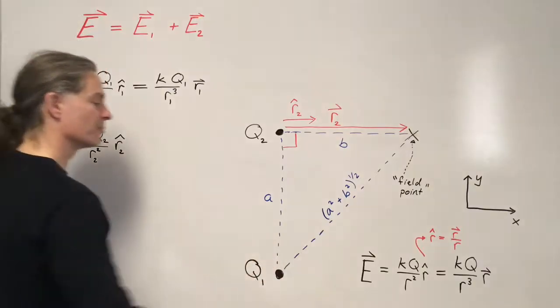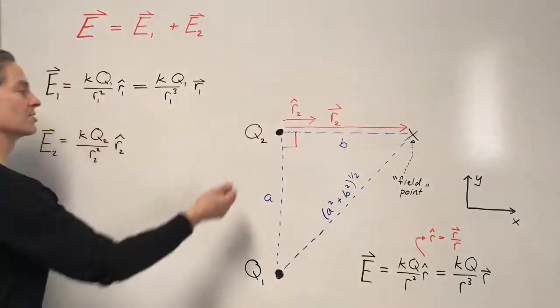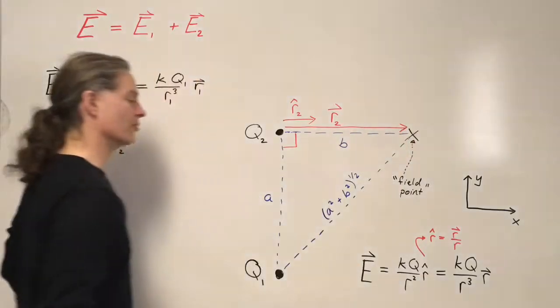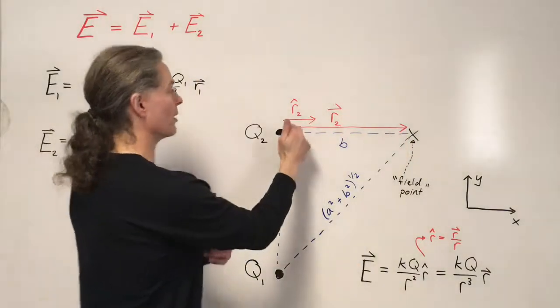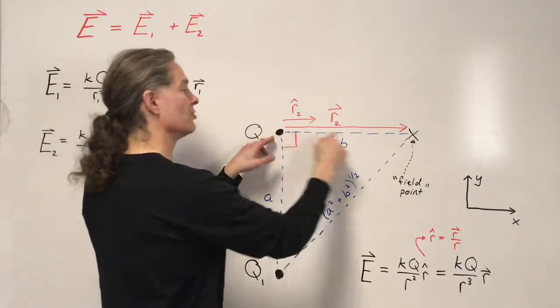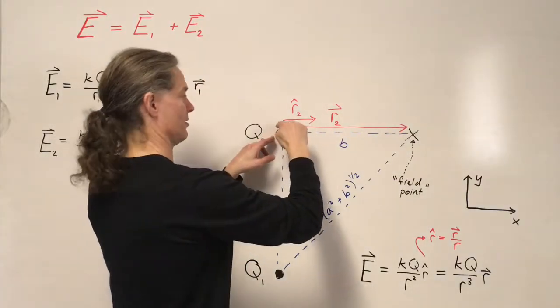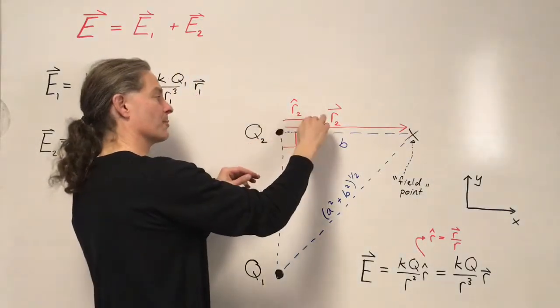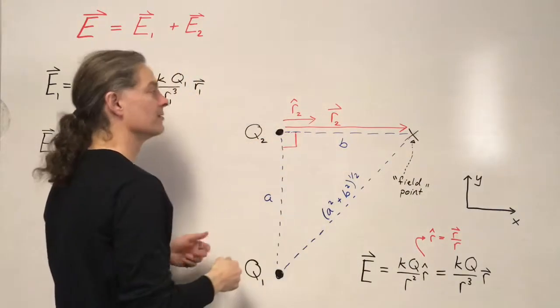So let's apply this to the case of charge 2 producing an electric field at this field point. We'll draw in our separation vector and unit vector. Pointing from charge Q2 to the field point, we have some separation vector I'll call R2 vector. We've got a unit separation vector R2 hat.